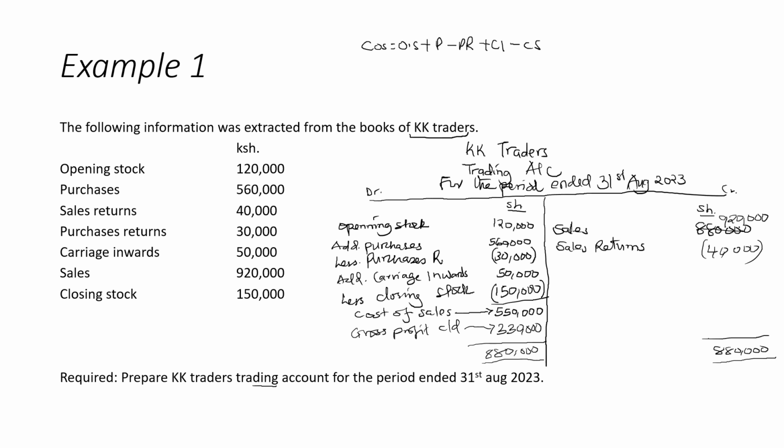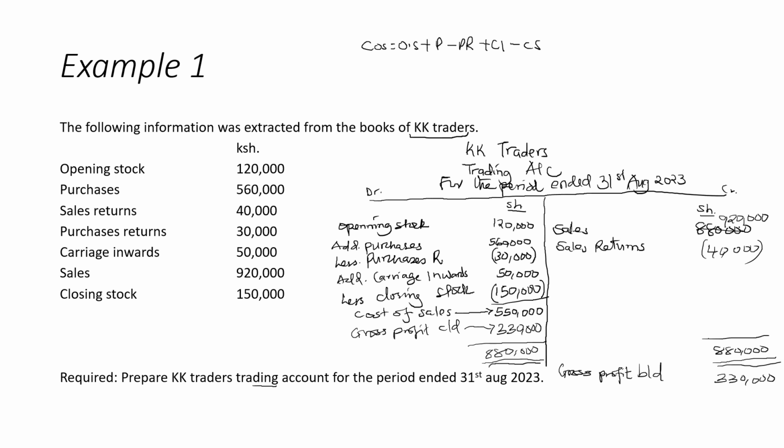See, this is an account. After balancing, we need to underscore the totals to mean that they are now balancing. Then we bring down our gross profit. We have gross profit below the total on the debit, on the credit side, gross profit brought down of 330,000.